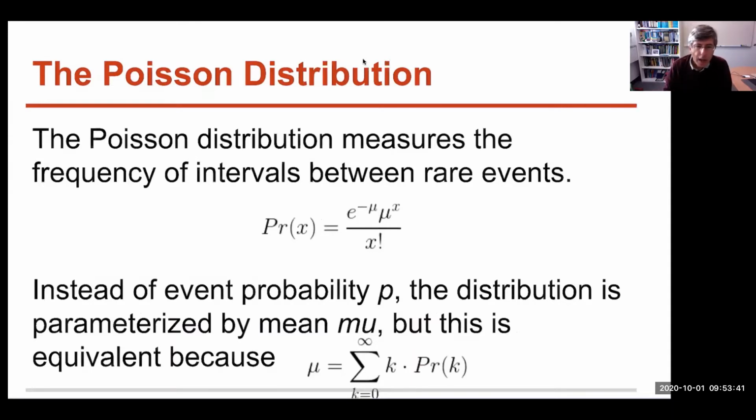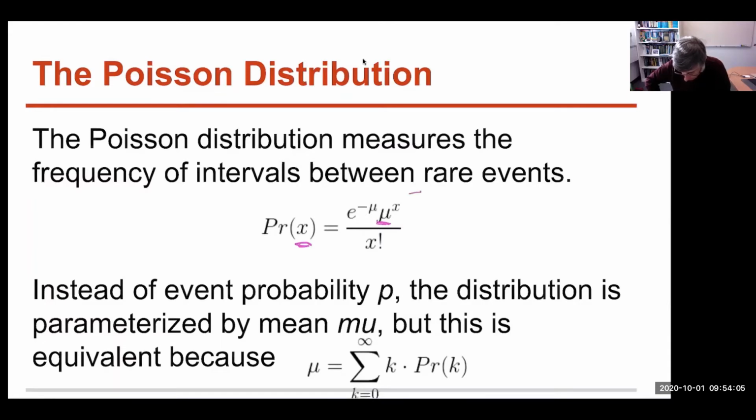And the probability of an interval, a lifespan, a gap between two events, of length x is going to be based on the expected time, where mu is the expected value.